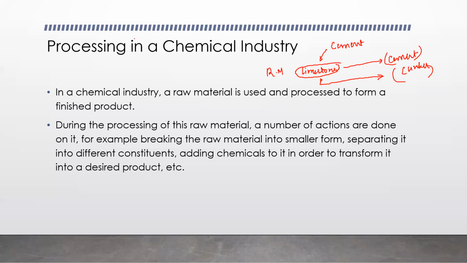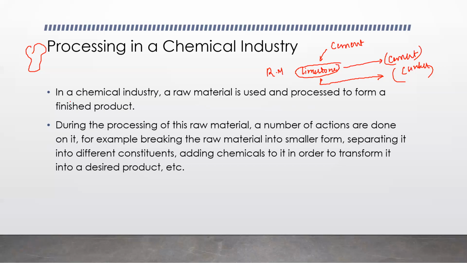Limestone is a very big rock, so we cannot simply transform it into cement. We need to first break it into smaller parts. Then we can separate it into different constituents. We can even add chemicals to it in order to transform it into the desired product.